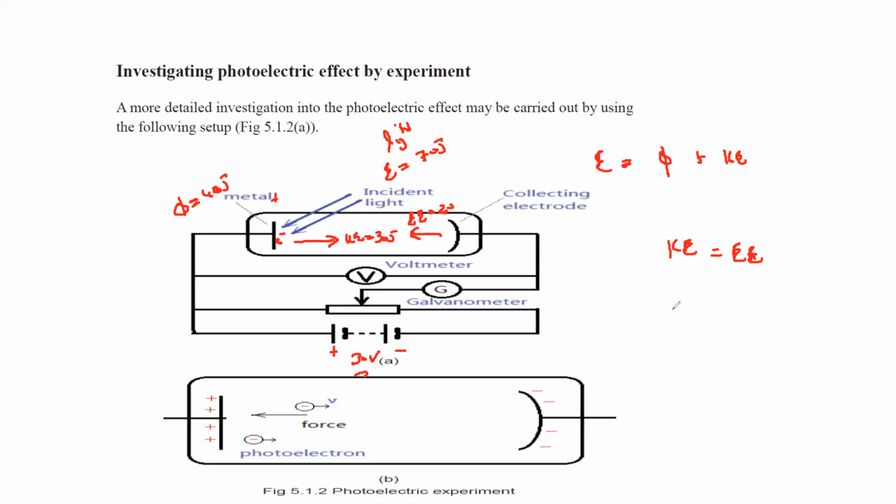And after knowing the stopping voltage, the electrical energy is voltage multiplied by charge. So we can say kinetic energy is the voltage needed to stop the electron multiplied by the charge of one electron. So we substitute in the first equation. So we get the energy of the light is equal to the minimum possible energy to remove the electron plus voltage times charge.